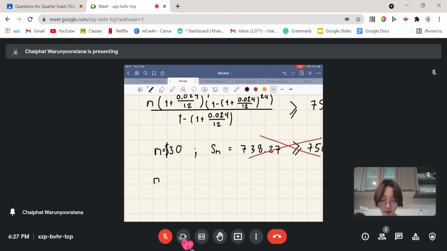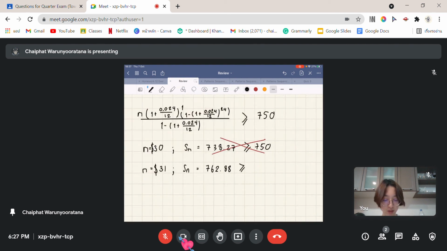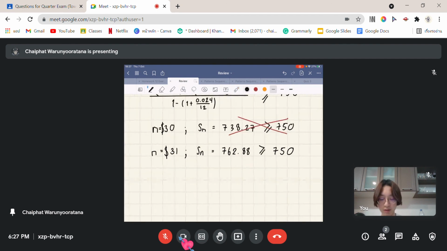But if you deposit $31 each month, then the total will be $762.88. Now, this is more than $750. And we get the answer. We know that she has to deposit at least $31 each month, and by the end of 2 years, she will have enough money to buy the computer system.